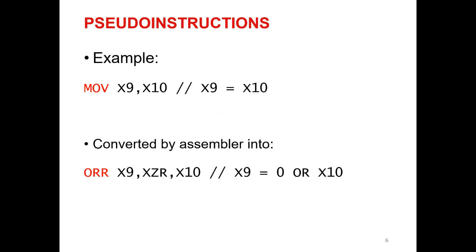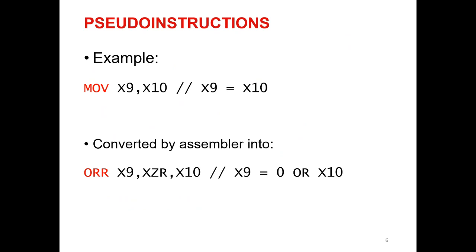In this case, as you know how an OR works, we have already seen that. When we do an OR with 0, remember that register XZR has always the value 0, so when we do an OR with 0 and anything, what we get is anything.